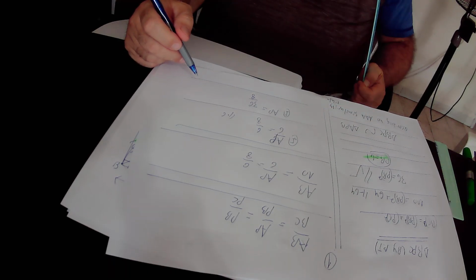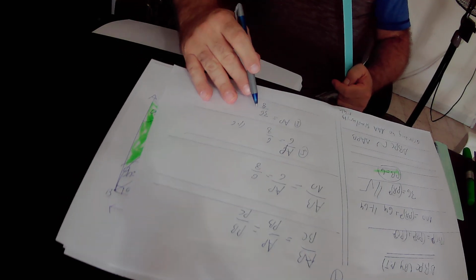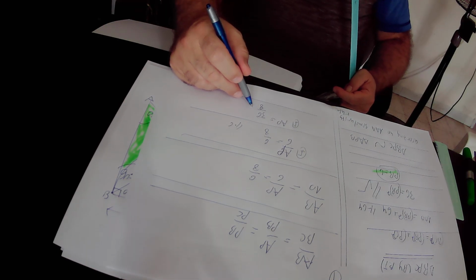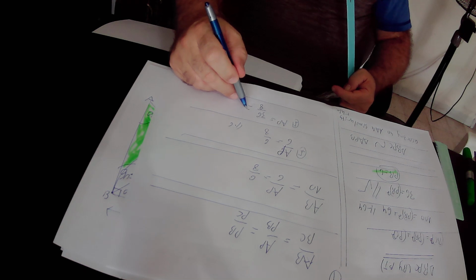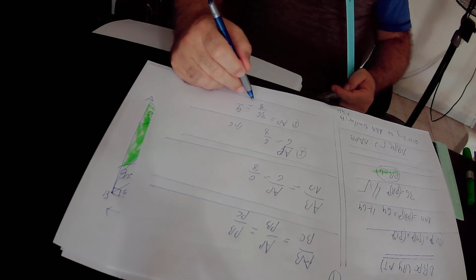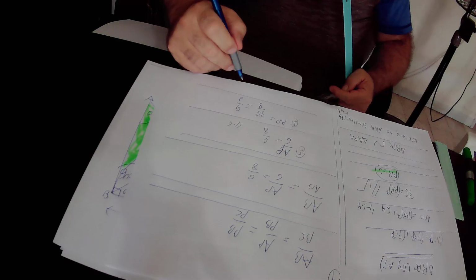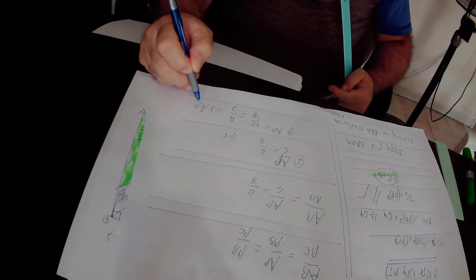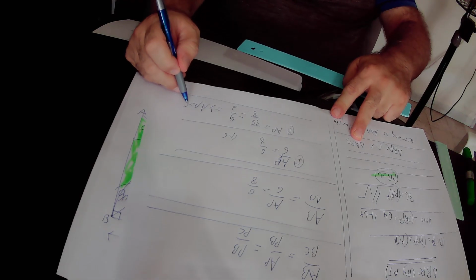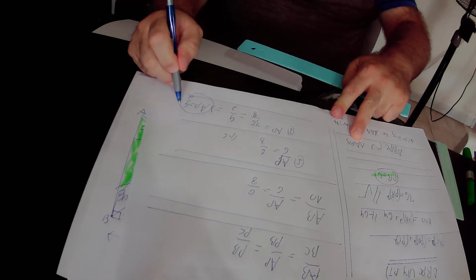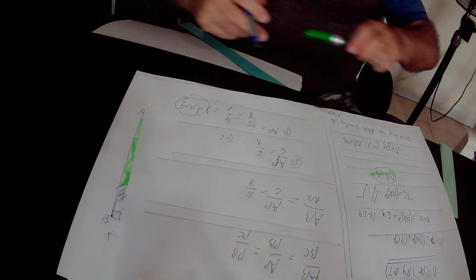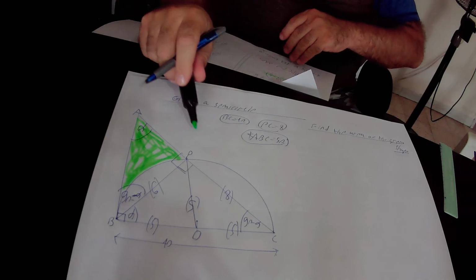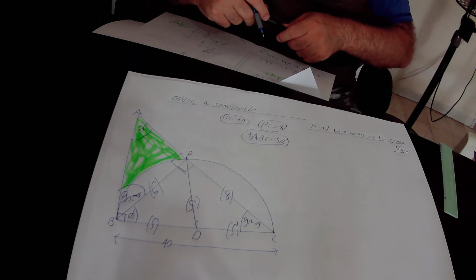Here we divide both the numerator and the denominator by 4, and we get 36 over 4 is 9, and 8 over 4 is 2. So in total, we found that AP equals 9/2. So this is side AP, equal to 9/2.